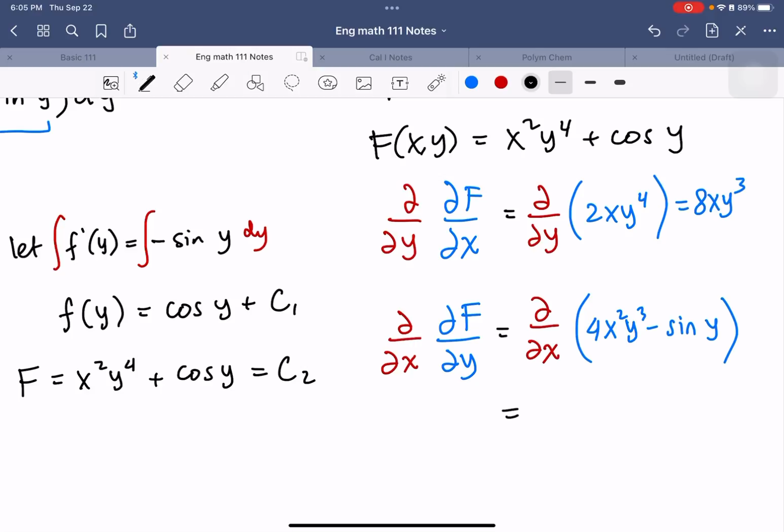And this will be equal, it's 8x y cubed, and sine y will be 0 because it is with respect to x. Now when we see this, we know that the equation is exact. Okay, so this is just to give you an overview, before I give you the official wordings and definitions.